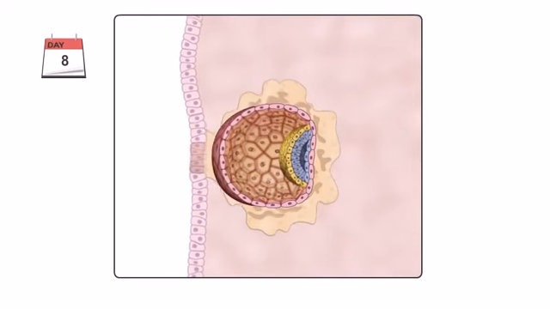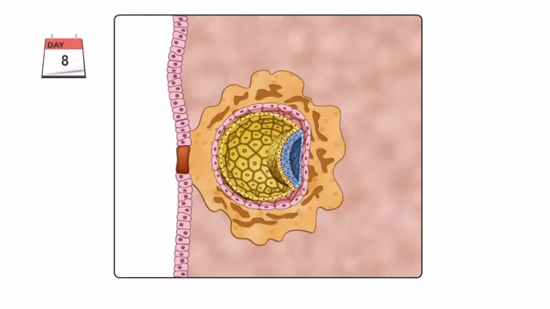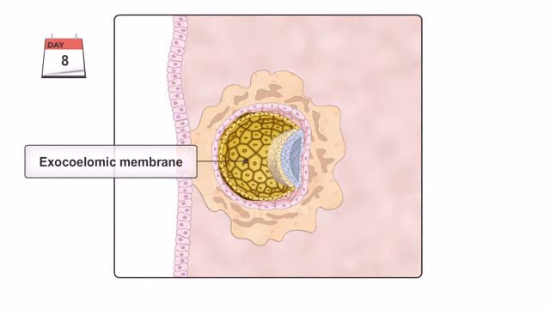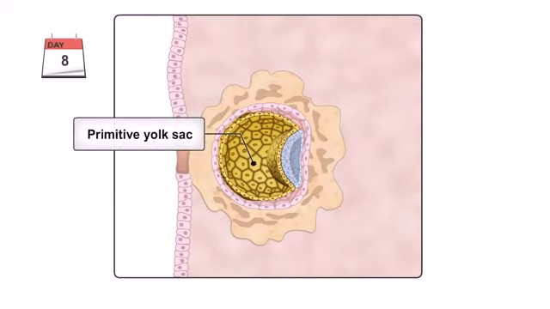Cells originating from the hypoblast begin to migrate, forming a thin membrane, which covers the inner surface of the cytotrophoblast. This is called the exocoelomic membrane. The exocoelomic membrane and cells of the hypoblast together form the walls of the primitive yolk sac.